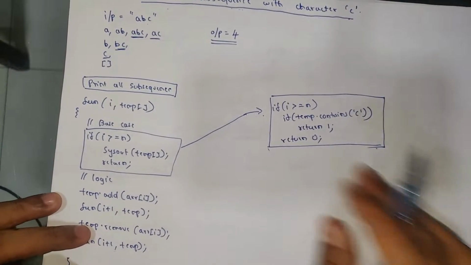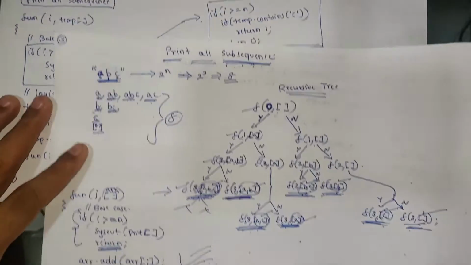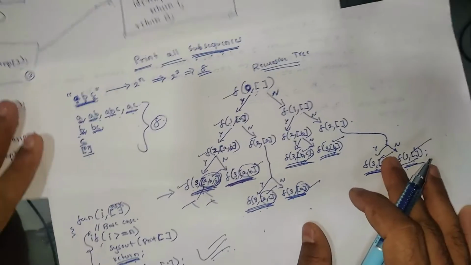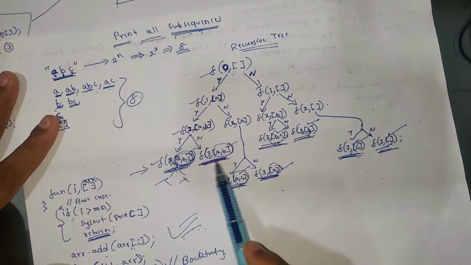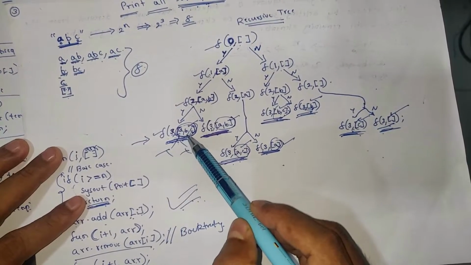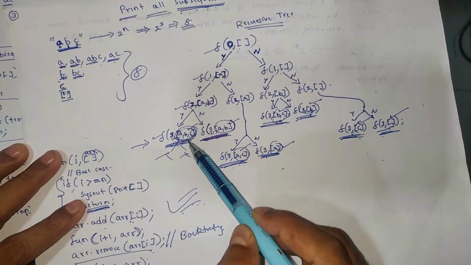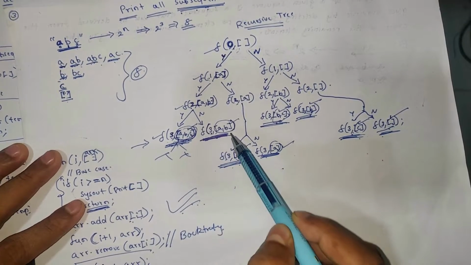Right? So what does this mean? Whenever I look at the recursion tree here, whenever I am hitting the base case, this one base case, if my data structure consists of character C, I will return 1, right?